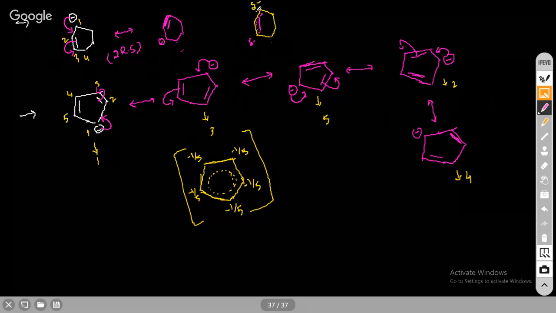That is it. First to third, we have partial double bond characteristics, and then partial negative charge on this, del negative on first, del negative on third. That is it. Now you understood this first one.